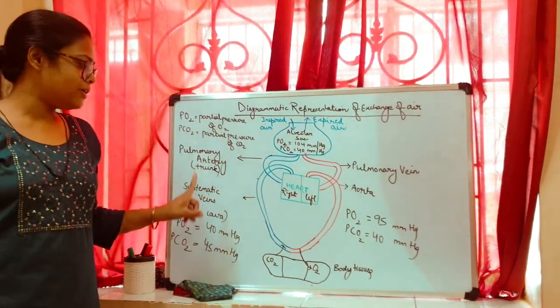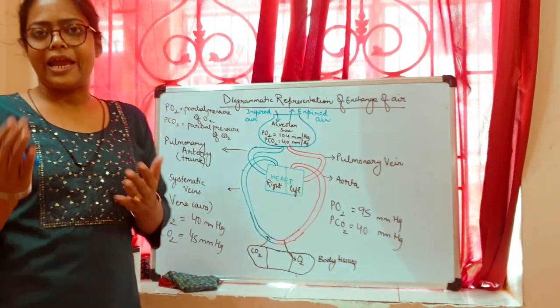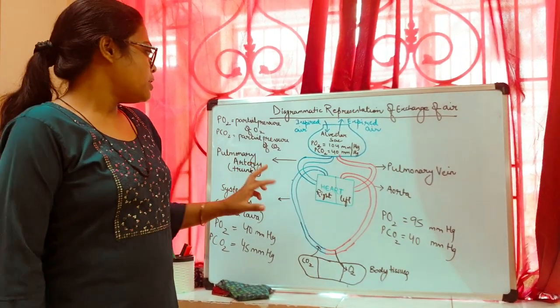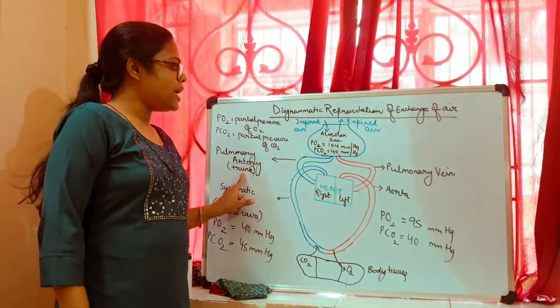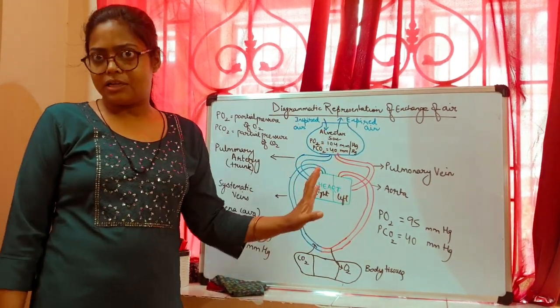Through systemic veins, the deoxygenated blood enters into the right auricle, then it enters into the right ventricle. Then through the pulmonary artery, the deoxygenated blood enters into the lungs.